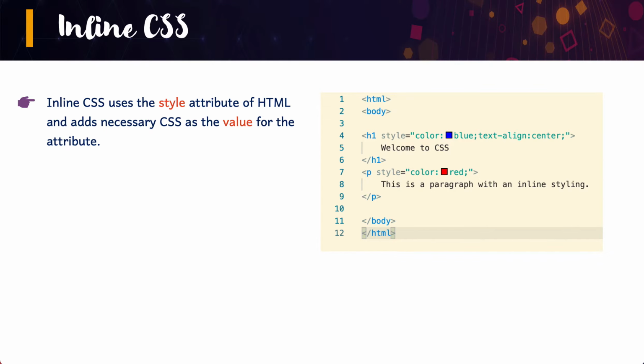Inline CSS is where the style is placed as text in line with the actual HTML content, using the style attribute of the elements in HTML. Each HTML element or tag has a style attribute, and the value for this attribute can be the CSS style that we have defined.